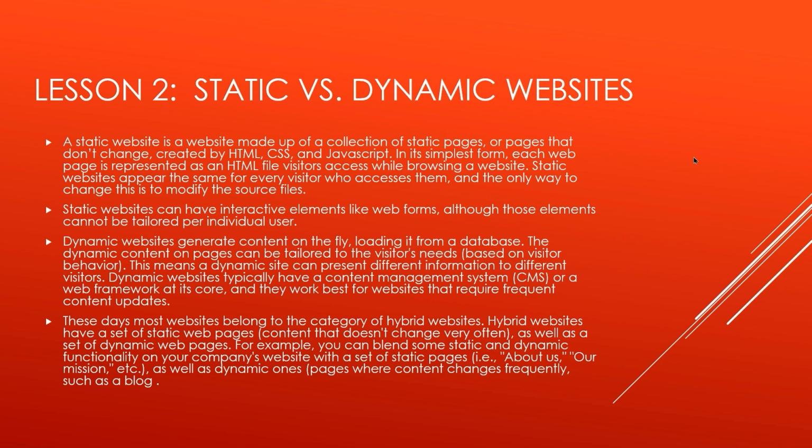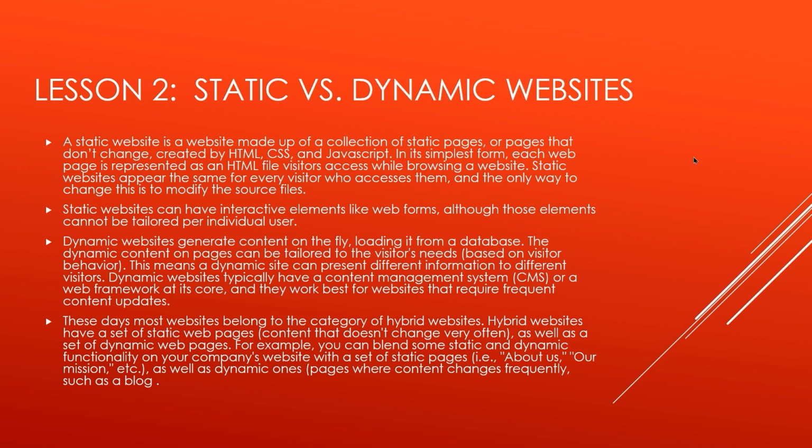In its simplest form, each web page is represented as an HTML file visitors access while browsing a website. Static websites appear the same for every visitor who accesses them, and the only way to change this is to modify the source files. They can have interactive elements like web forms, although those elements cannot be tailored per individual user. So when the internet first started, most websites were static.